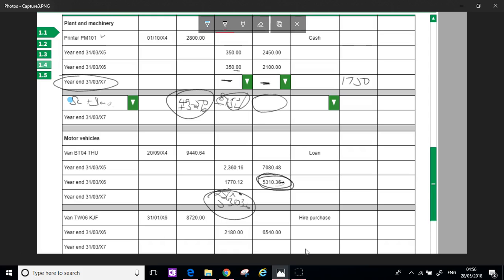Then we do exactly the same thing here. That's the depreciation in the first year, then you have the carrying amount, and you take 25% of this, put that there, and then you have the carrying amount again by deducting this from this, right? So let's look at the answers very quickly.